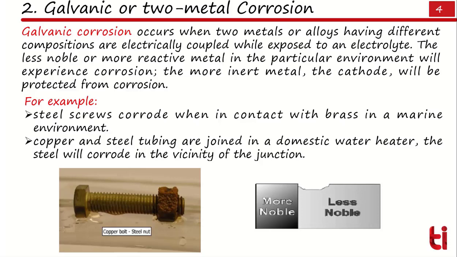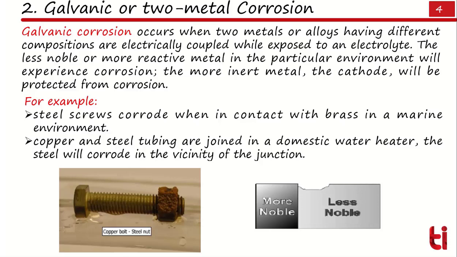In general, when two metals or alloys are in physical contact with each other, or they are electrically connected with each other in the presence of an electrolyte, the material undergoes corrosion, and that kind of corrosion is referred to as galvanic corrosion. In galvanic corrosion, the less noble or more reactive metal in a given environment will undergo corrosion, while the inert material which is acting as a cathode will remain protected.